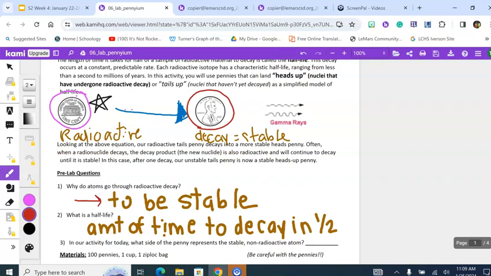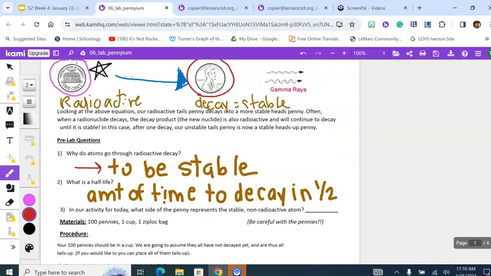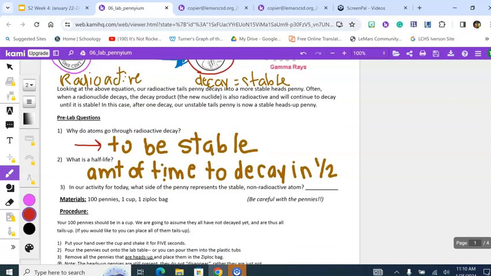Because they want to be stable. They are emitting particles so that they can become stable. And the half-life is the amount of time it takes to decay that substance in half. Please keep in mind that it is theoretical.